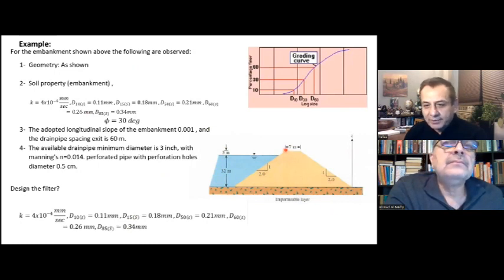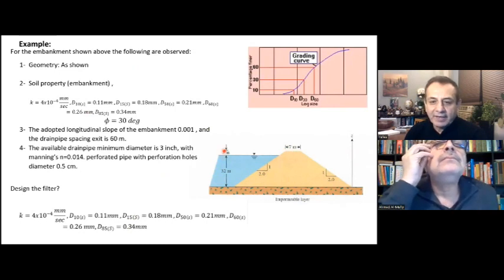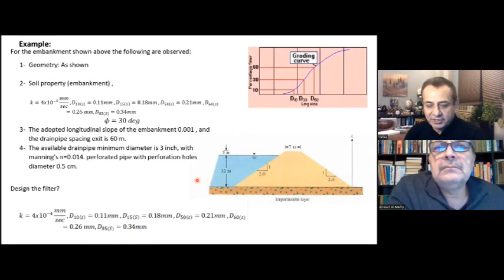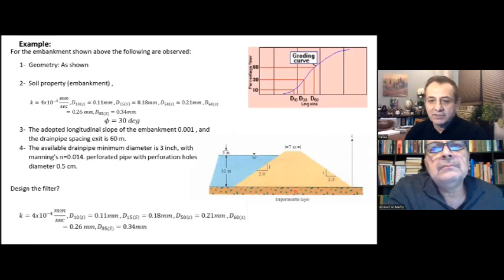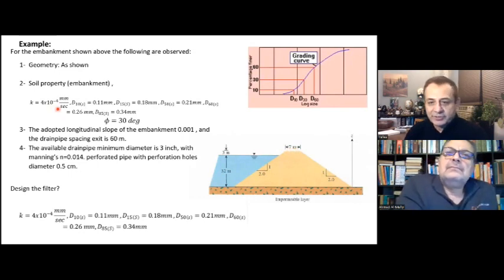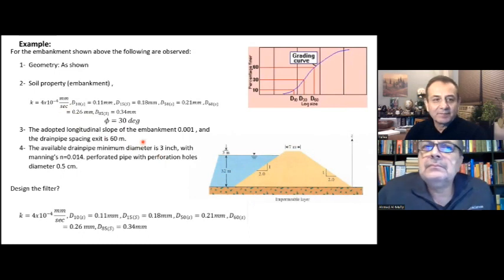The top width B is 7, and the total height of the embankment is 35. So HE is 35, H is 32, alpha and beta are the angles, which is arctan 1/2, and B is 7 meters. So this is the geometry that we have.